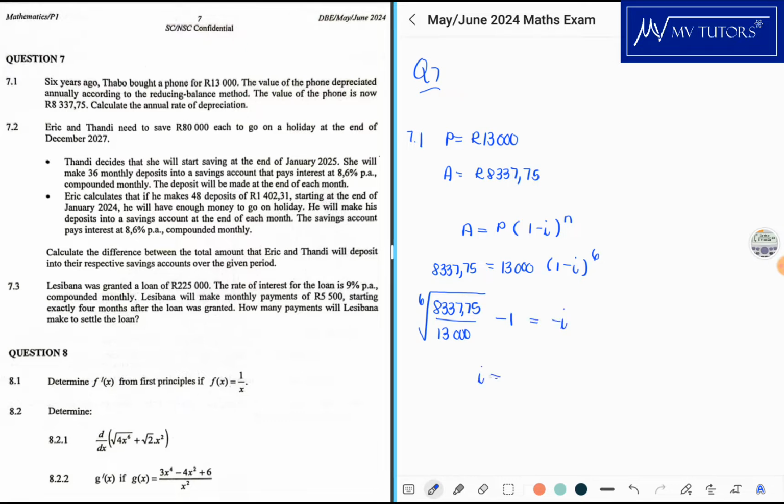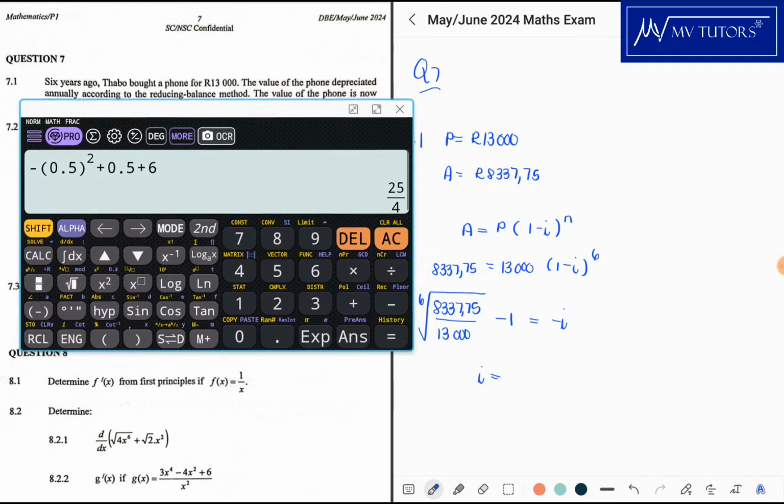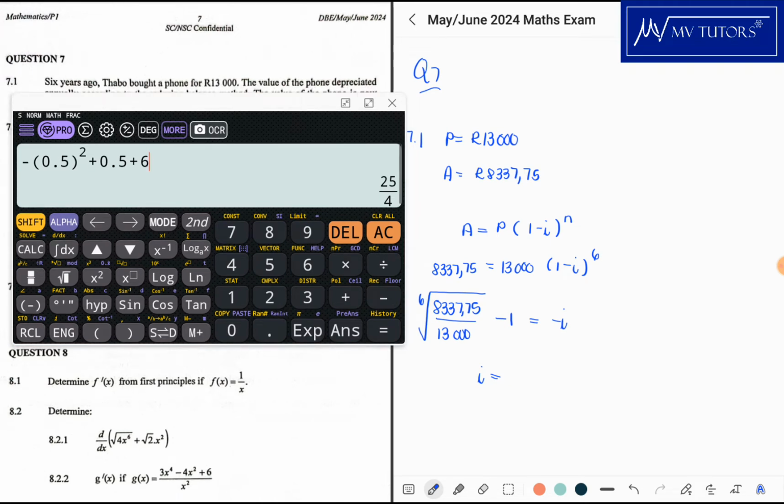Okay, so let's just put that all into the calculator. So we have root 6 of 8,337.75 divided by 13,000, and we're going to subtract 1, and we get, okay, let's just say negative i is equal to negative 0.0714, and then we're going to divide by negative on both sides and then multiply it by 100.